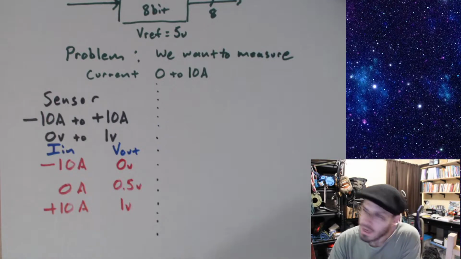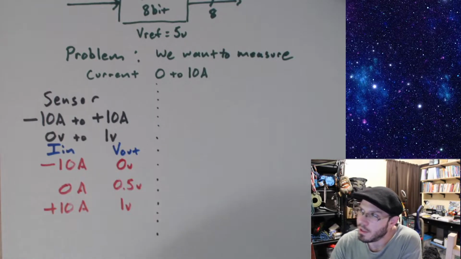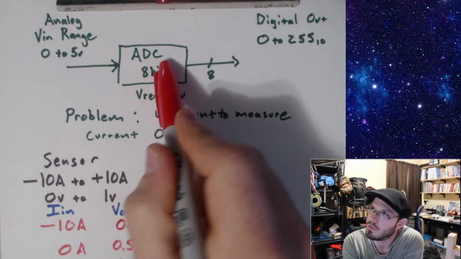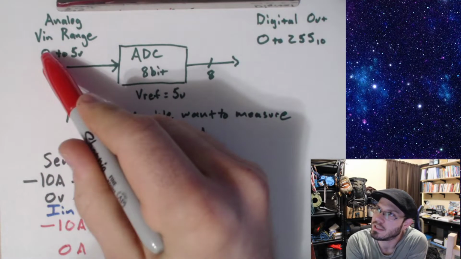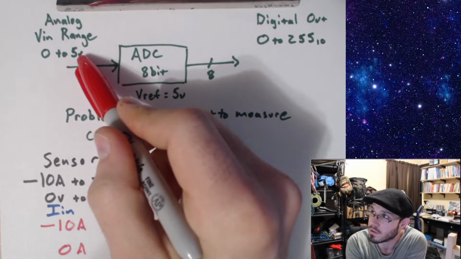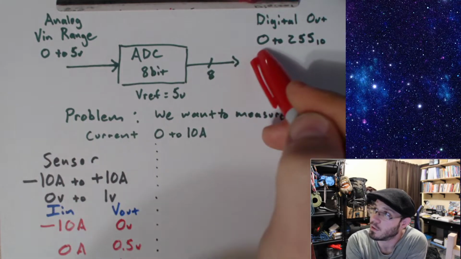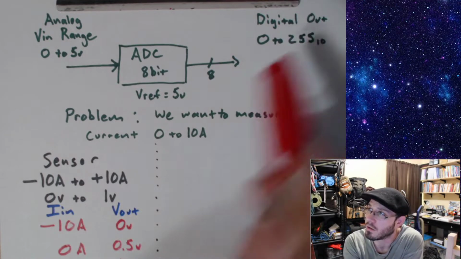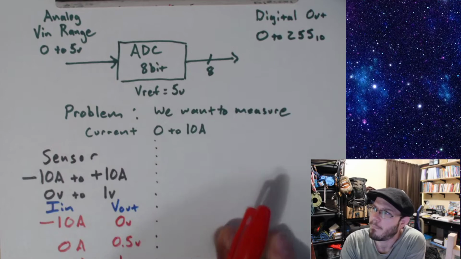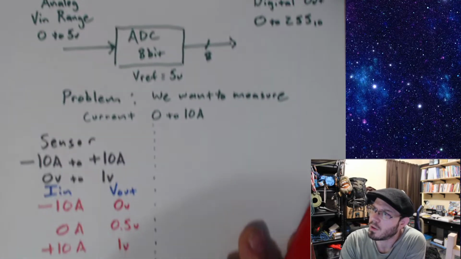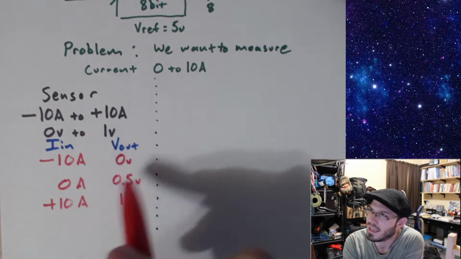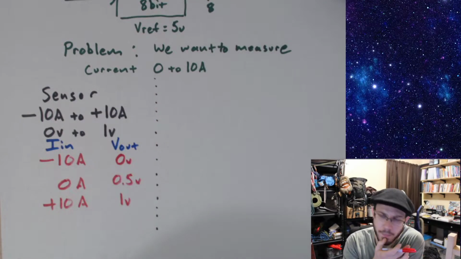Cool. Now you can see that there's a couple of things going on here already. Our analog digital converter is designed to accept 0 to 5 volts to convert that to a 0 to 255 numeric value. 0 to 1 volts is well inside that range.